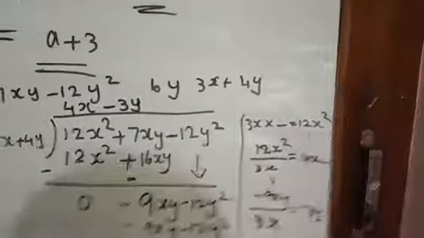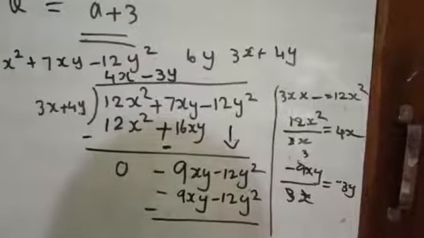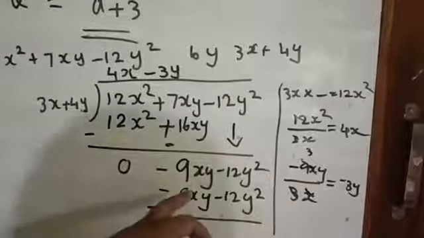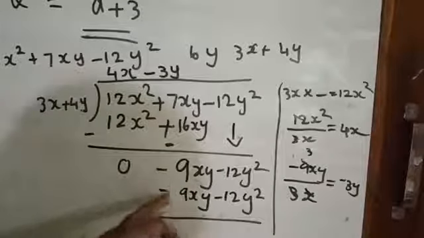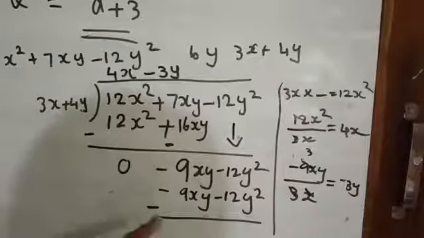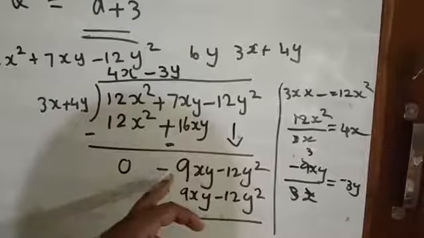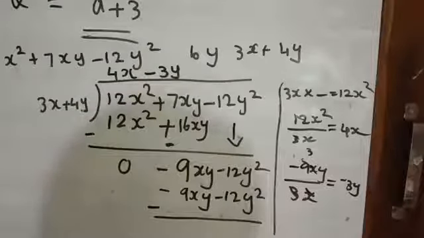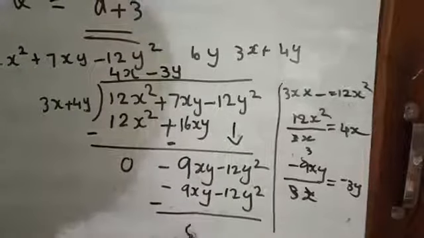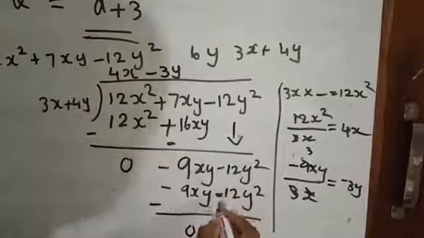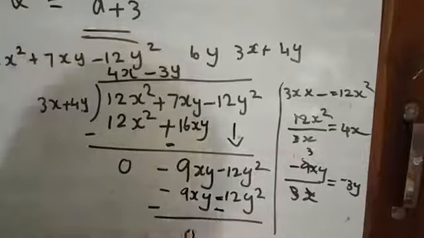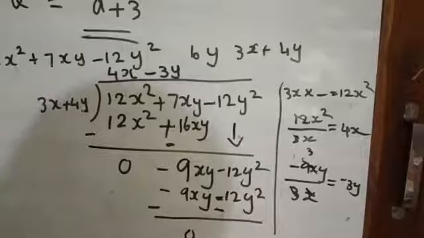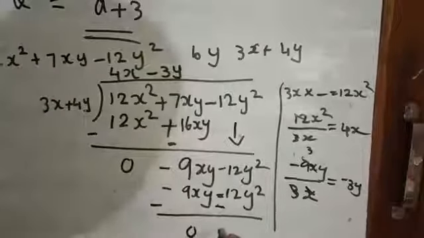So minus 9 plus 9, 0. Again minus 12 minus minus 12, and this minus of minus becomes plus 12y square. So that is also 0.